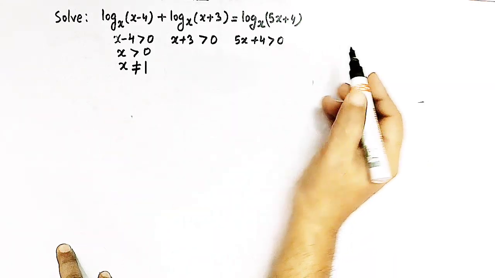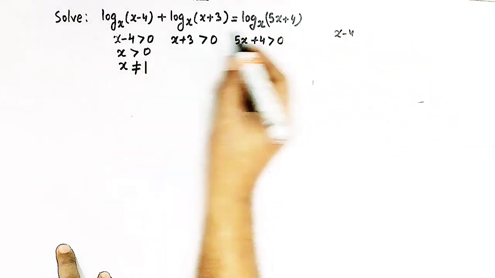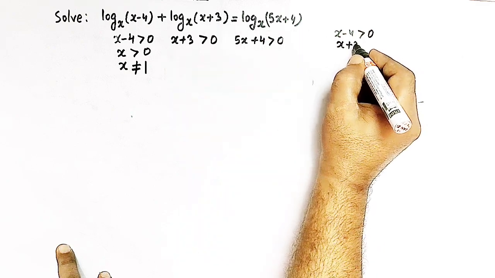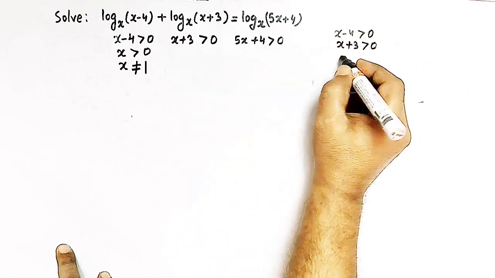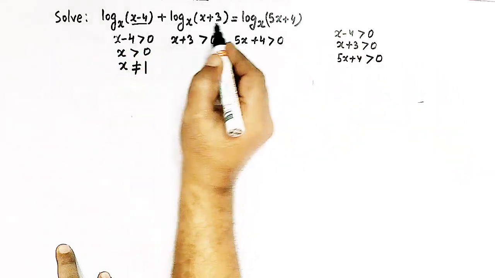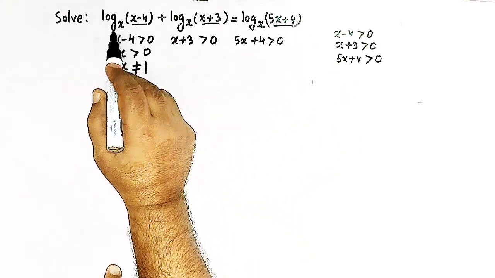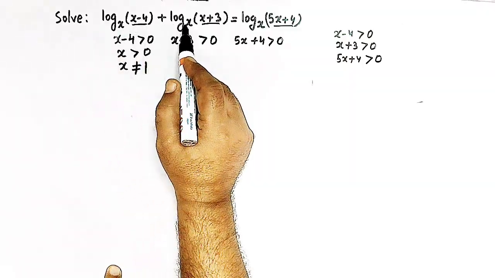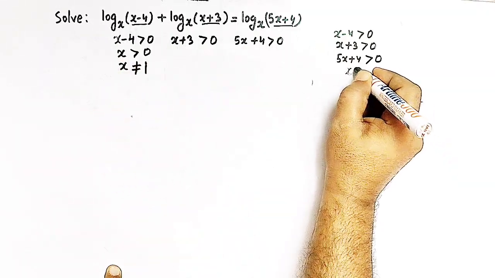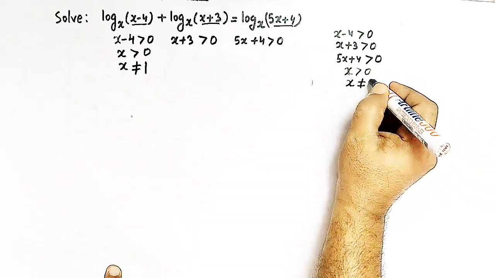So here we have these conditions, that is x minus 4 should be greater than 0, then we have x plus 3 greater than 0, and then we have 5x plus 4 greater than 0. So these terms should be positive, and the condition on x, which is the base of these three logarithms, is x should be greater than 0 and x should not be equal to 1, right?